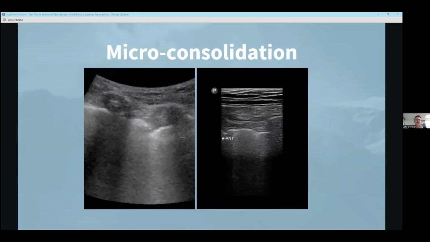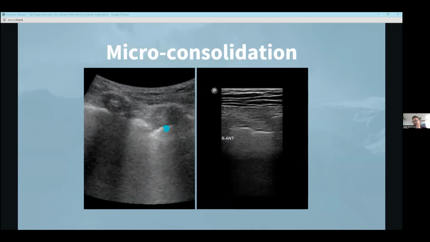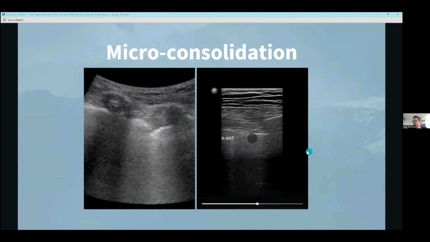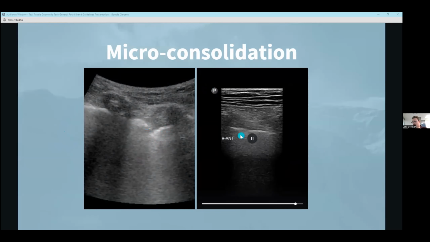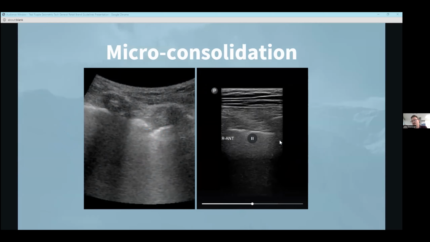So here are some examples. You can see on the screen in the left image a really broken pleural line with what looks like a very small subpleural consolidation. In the image on the right, you can see the irregularity in the pleural line and these tiny breaks in it. I think what we're seeing there is the start of a more advanced consolidation.